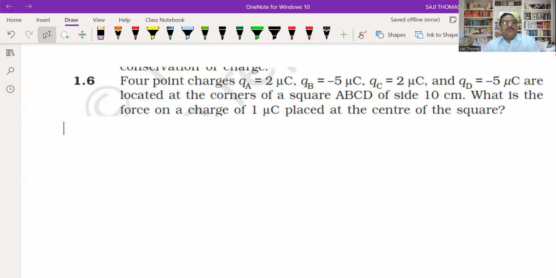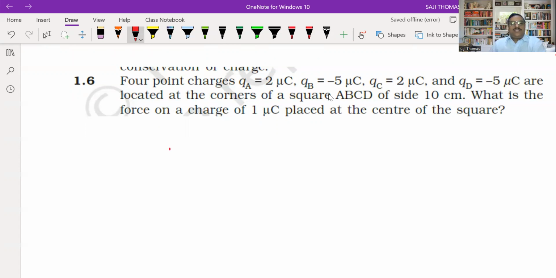Four point charges QA 2 microcoulomb, QB -5 microcoulomb, QC 2 microcoulomb, and QD -5 microcoulomb are located at the four corners of a square ABCD of side 10 centimeter. What is the force on a 1 microcoulomb charge placed at the center of the square?